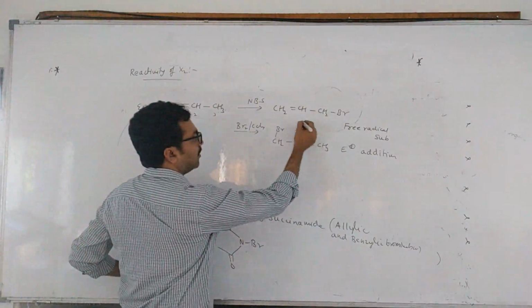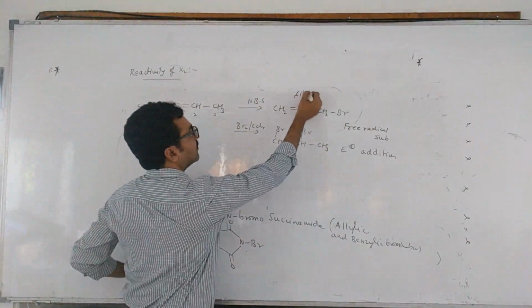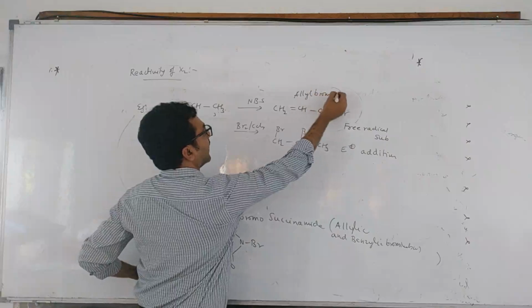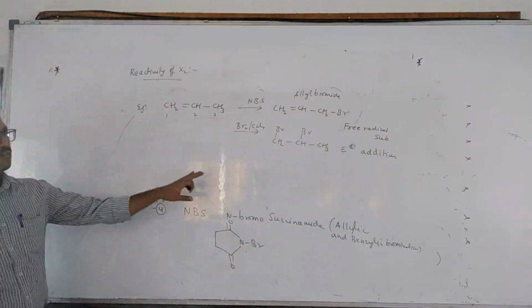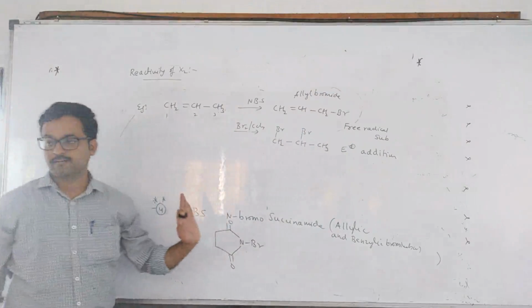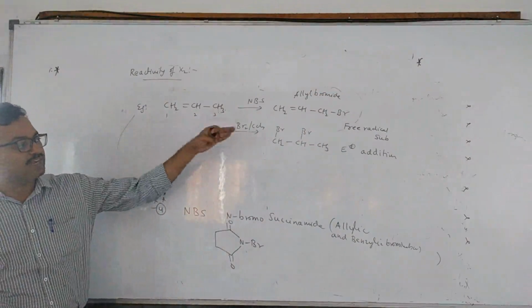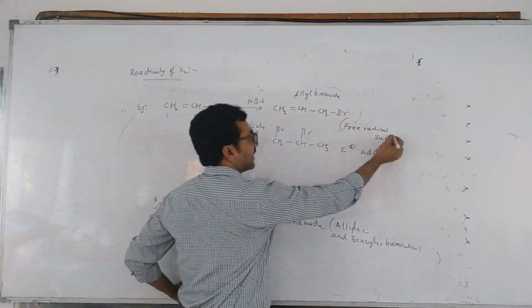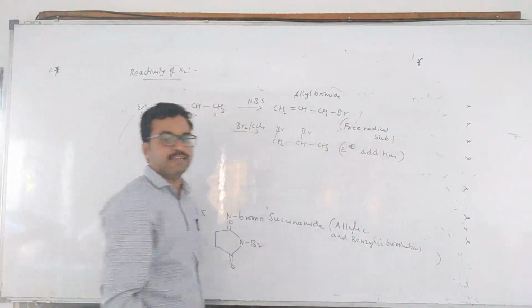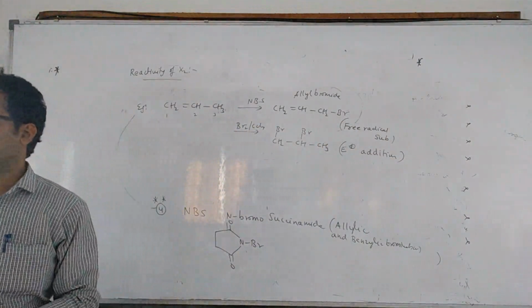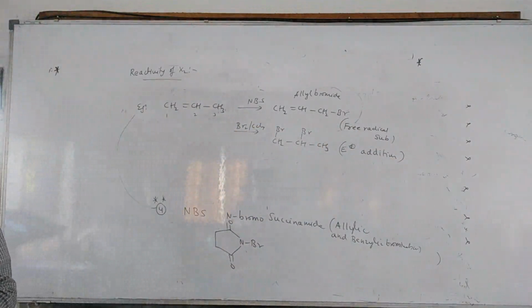What is the compound called? Allyl bromide. Whereas if you add Br2 in CCl4, you will get an addition product. So one reaction is a free radical substitution example, and the other reaction is an electrophilic addition example.